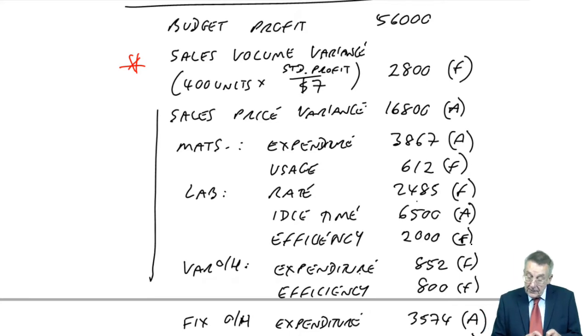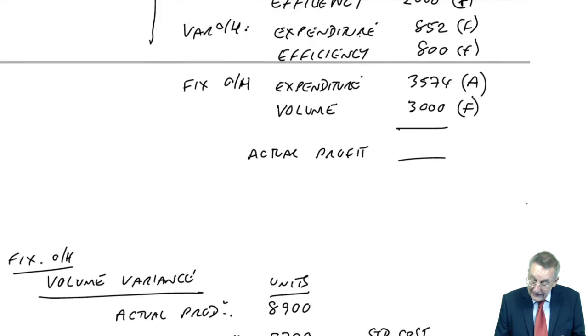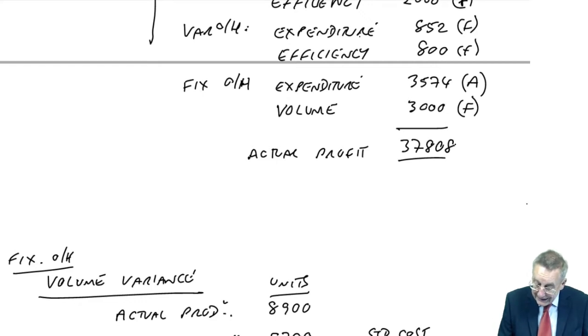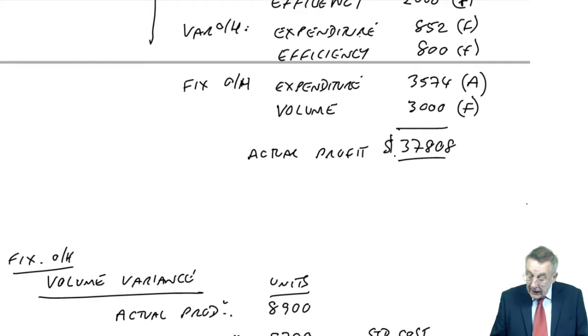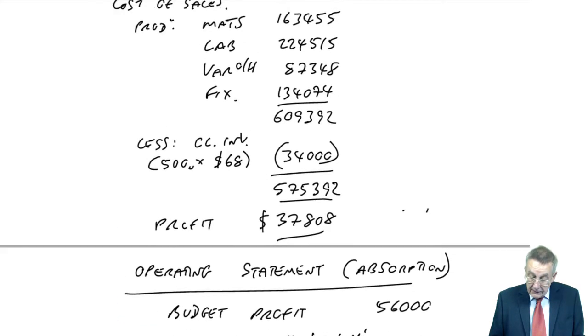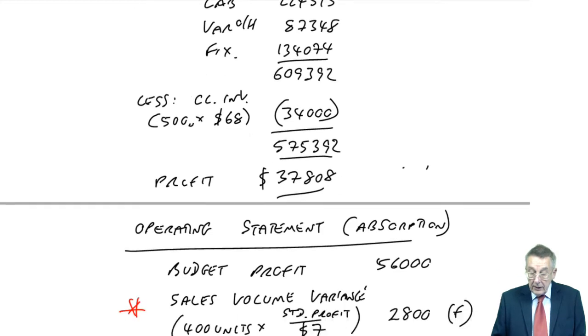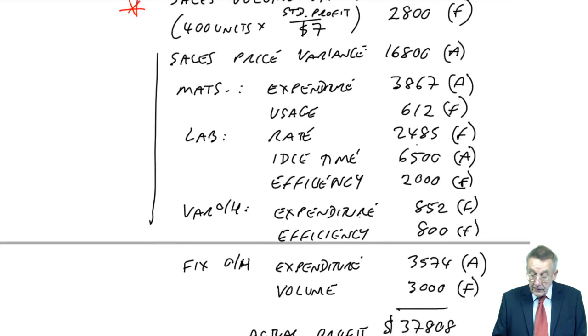So plus 2,000 plus 2 plus 8 plus 37,808. I am sorry about that. But 37,808, and that it does sort of check, yes, there is the profit we'd worked out. So it is correct.